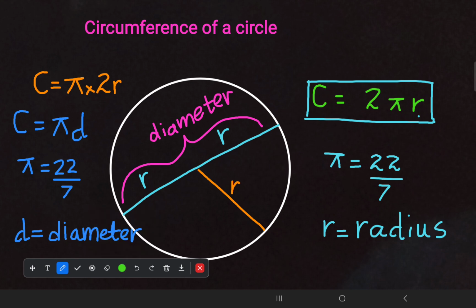If in the question they give the radius value, you should use the 2 pi r formula to find the circumference.